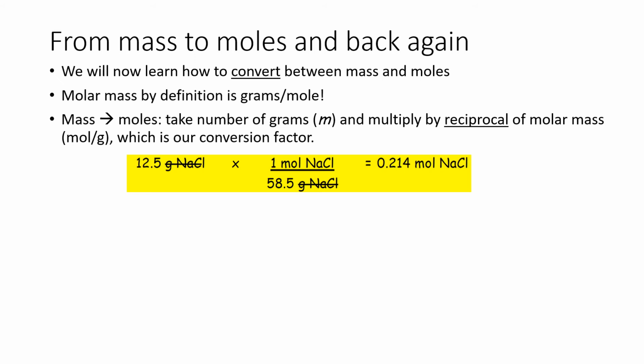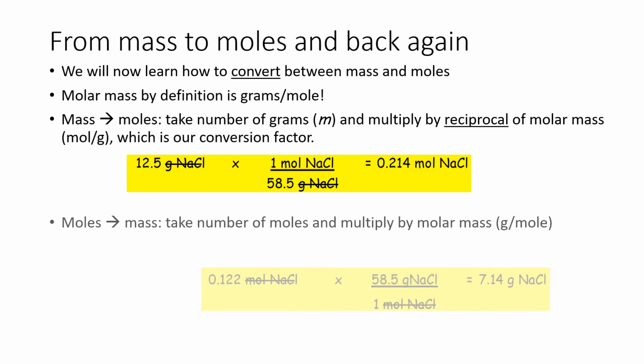We're given that we have 12.5 grams of salt, NaCl. If we multiply by the reciprocal of the molar mass, remember I said molar mass by definition is grams per mole, so we're going to flip this over and we're going to put moles on top and grams on the bottom. Why? So our units cancel and we get the correct answer for the number of moles: 0.214 mole NaCl in 12.5 grams of NaCl.